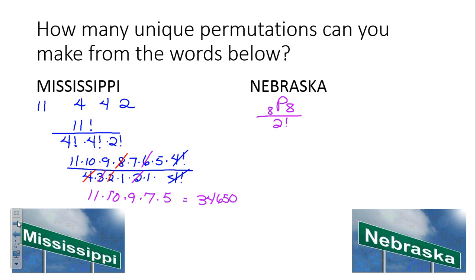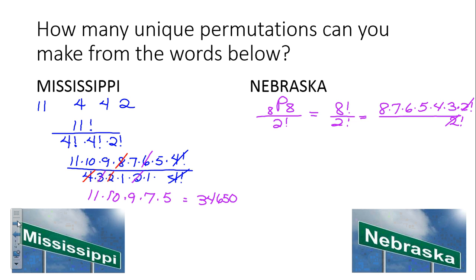So 8 taken 8 at a time is 8 factorial. That means 8 times 7 times 6 times 5 times 4 times 3. We don't need the 2 because we're going to divide that out. And we can rearrange the letters in Nebraska.